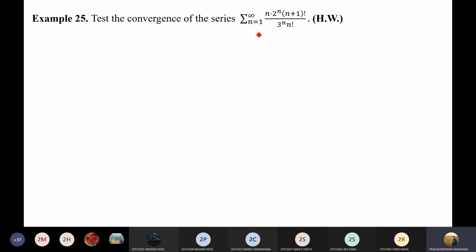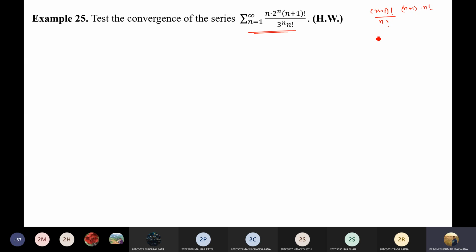First you can simplify this one. Directly you can see that (n plus 1) factorial is (n plus 1) into n factorial.